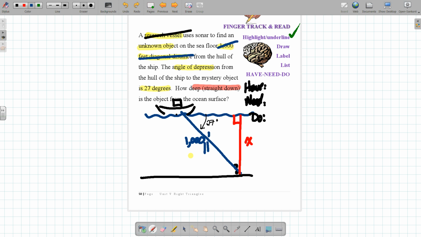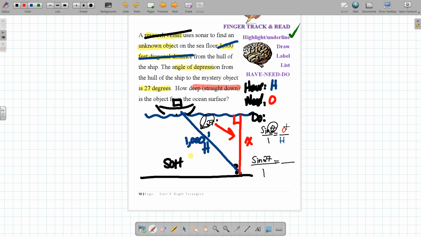We have the hypo. We need the opposite. Notice this time we're doing a side length. So we're using standard SOHCAHTOA. I have an OH combo, which goes with SO. Sine of theta over 1 equals opposite over hypotenuse. Circle, plug, chug. Sine of theta, 27 degrees. Notice I'm physically picking it up.